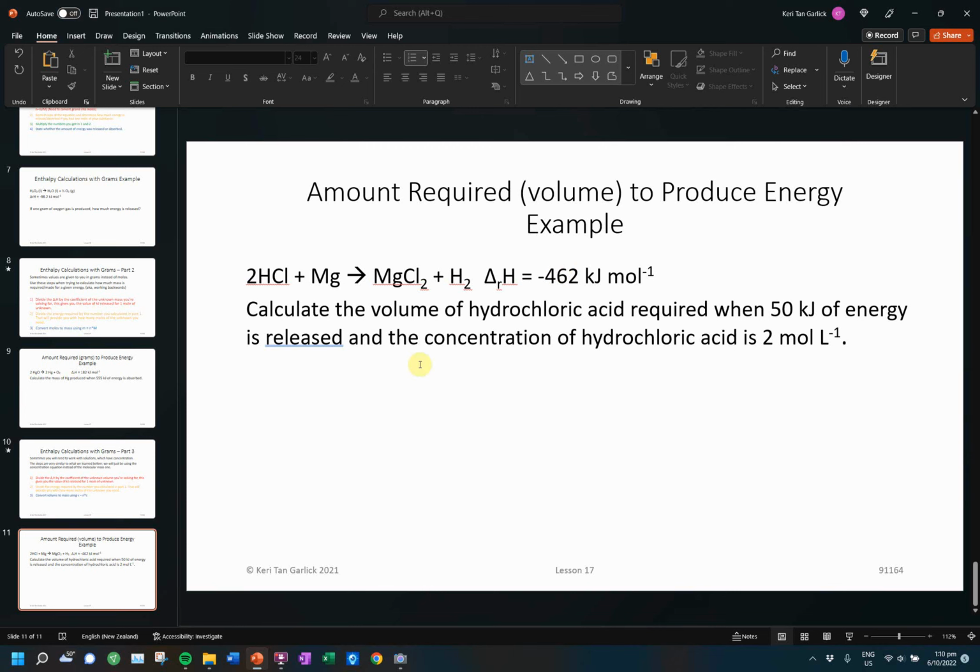They've given us our enthalpy here. Since they're asking what volume of hydrochloric acid we need, they need to tell us the concentration of that hydrochloric acid, because depending on that concentration, you might need more or less volume of it. You guys understand that from titration.